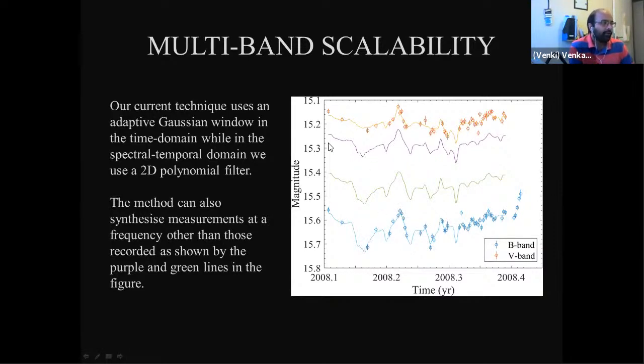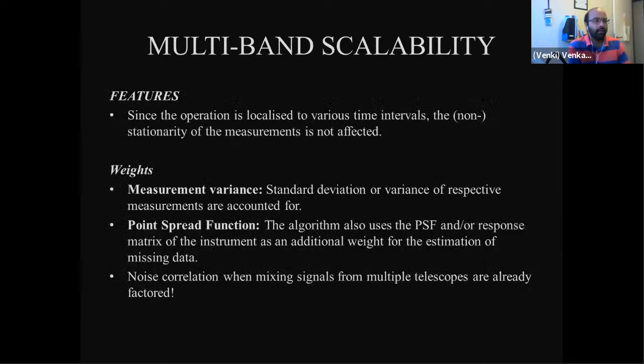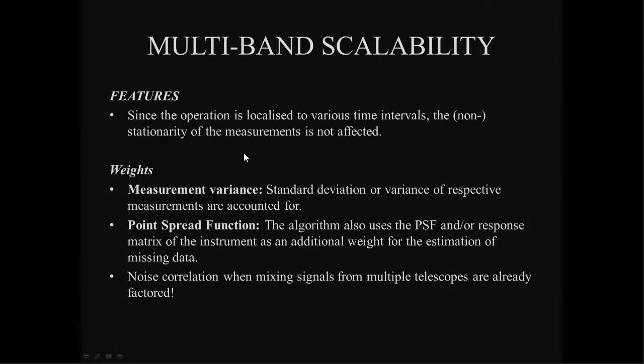The trick here is that it's a joint interpolation technique, hence working directly on multiple bands. And you can also, of course, synthesize light curves at an intermediate frequency or extrapolate to other bands outside this interval, hence also giving more robustness to the analysis that we carry on with these light curves.